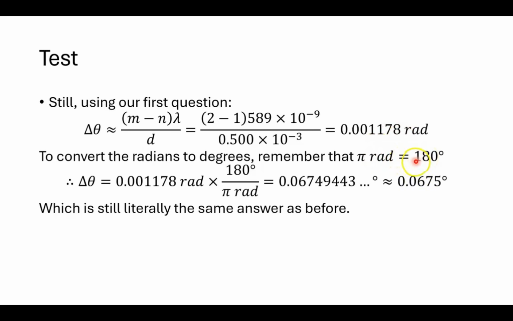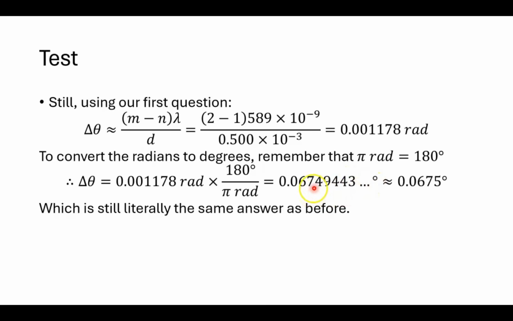In converting, you either use 180 over pi or pi over 180, depending on which way you are going to convert your unit. But your goal is to cancel this radian with this radian. This thing is basically equal to 1 because these two quantities are equal, so multiplying by 1 doesn't change anything. You cancel the radian, you multiply the number, and then you are left with the degree.